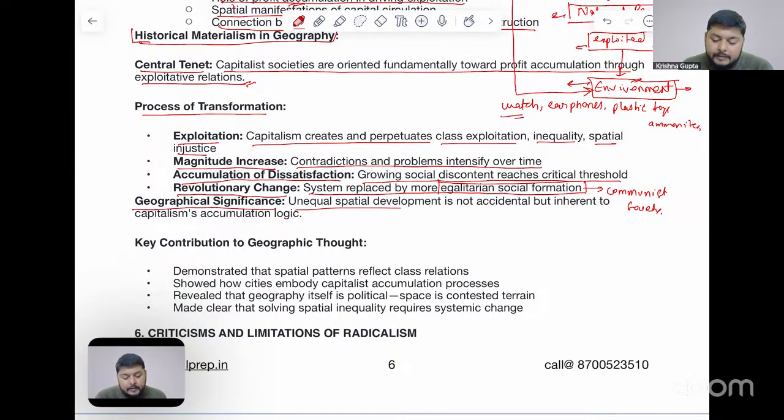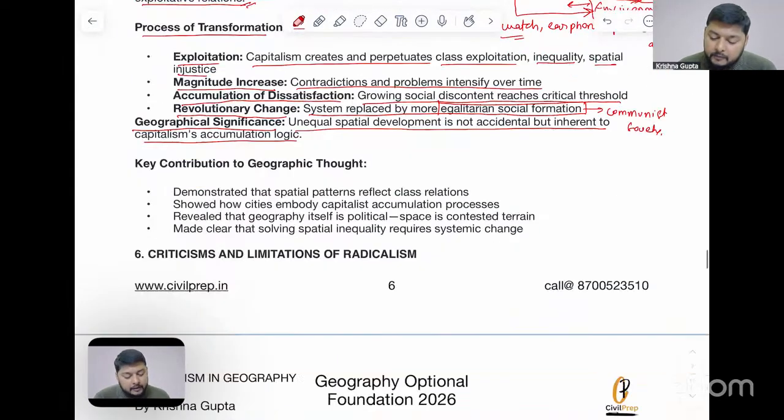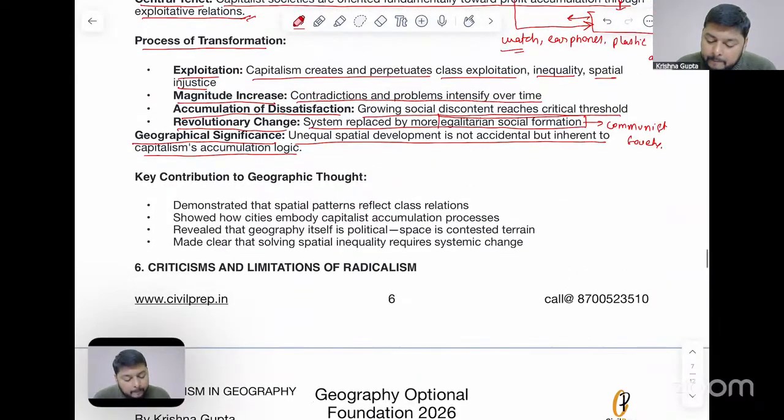Now, geographical significance here. The unequal spatial development is not accidental but inherent to capitalism's accumulation logic. Now, I want to explain this part. Around 1600, we will see that there was a rise of trade in Europe.